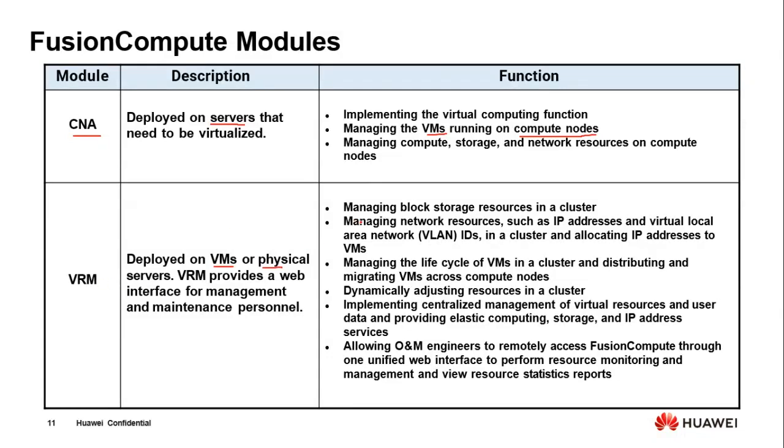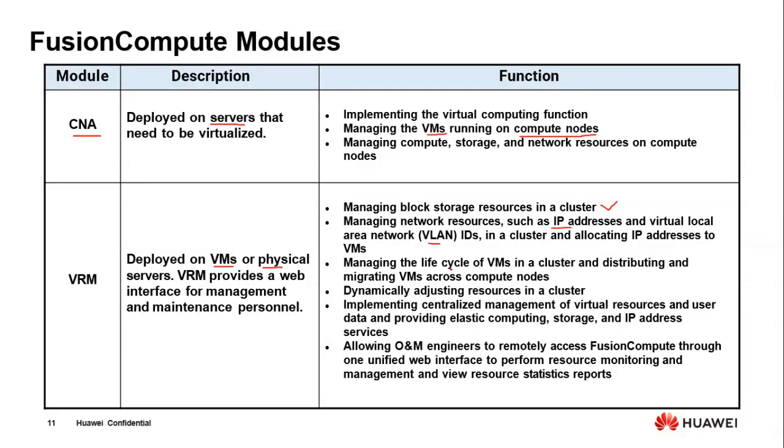But the VRM basically manages block storage resources in a cluster, as we've seen in the previous diagram. Also it's used to manage network resources, but the network resources must be related to an IP address and virtual local area network, that's VLANs, as we have discussed in the previous chapters for networking.